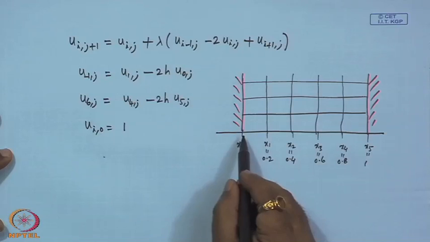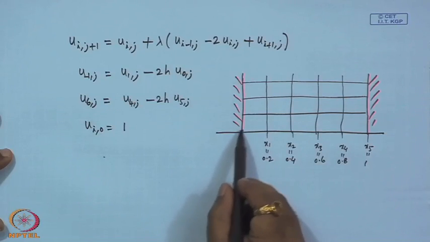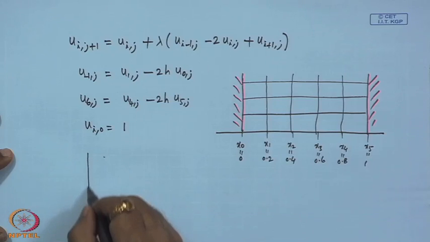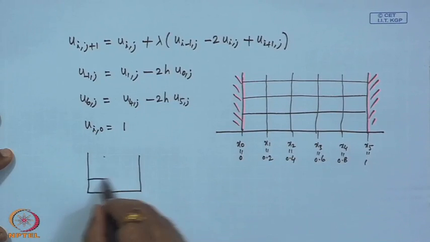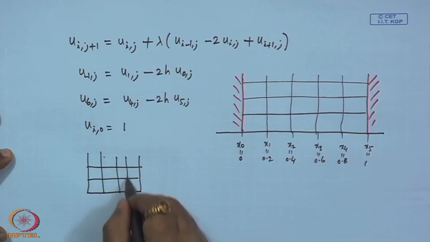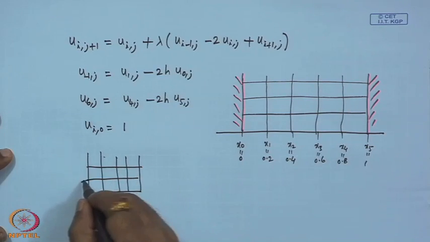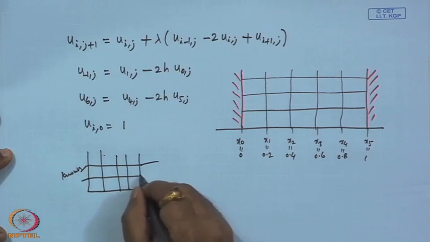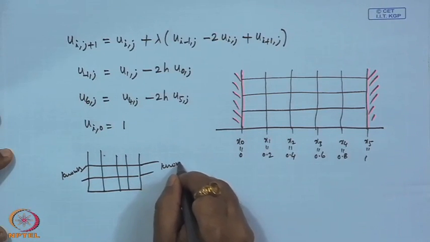So, in the earlier case, when the function values are given explicitly, so I will give an example. So, the function values are given explicitly, okay, let us say, then these are known. Similarly, these are known.